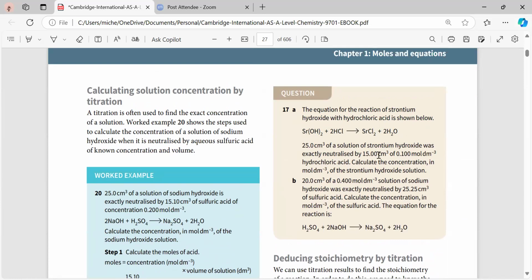We have 20 centimeter cube of strontium hydroxide solution, that's the volume, exactly neutralized by 15 centimeter cube of hydrochloric acid, with a concentration of 0.100 mole per decimeter cube. We're going to calculate the concentration of the strontium hydroxide solution.